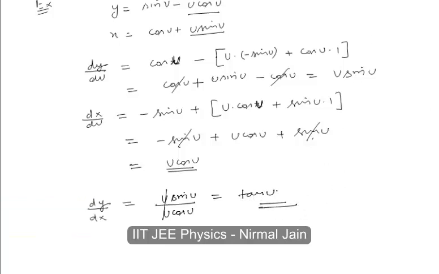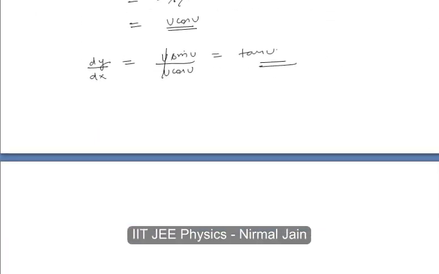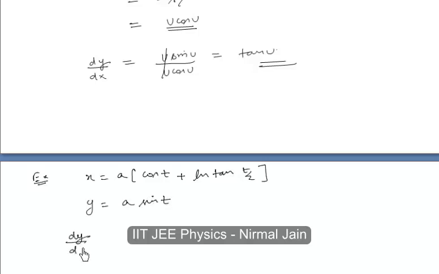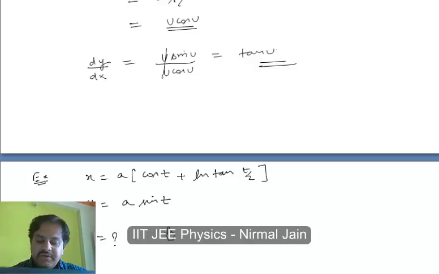Let's take one more example of a parametric function: x = a (cos t + ln tan(t/2)) and y = a sin t. We are asked to find dy/dx in this problem. First we find dx/dt, where a is common outside.